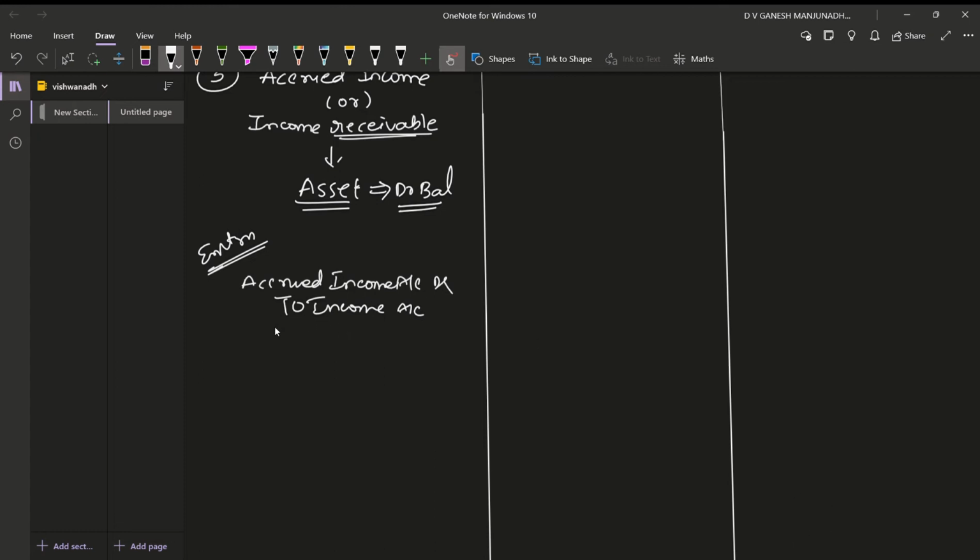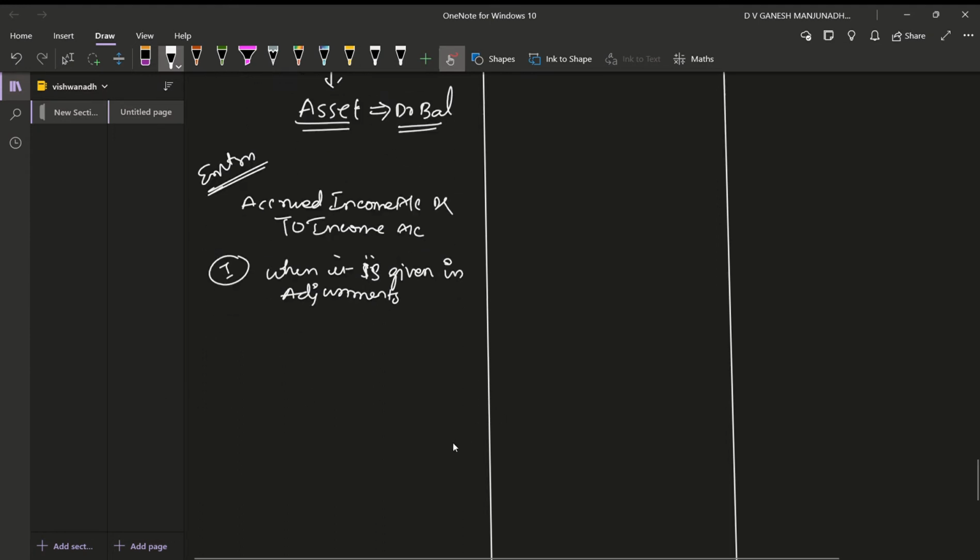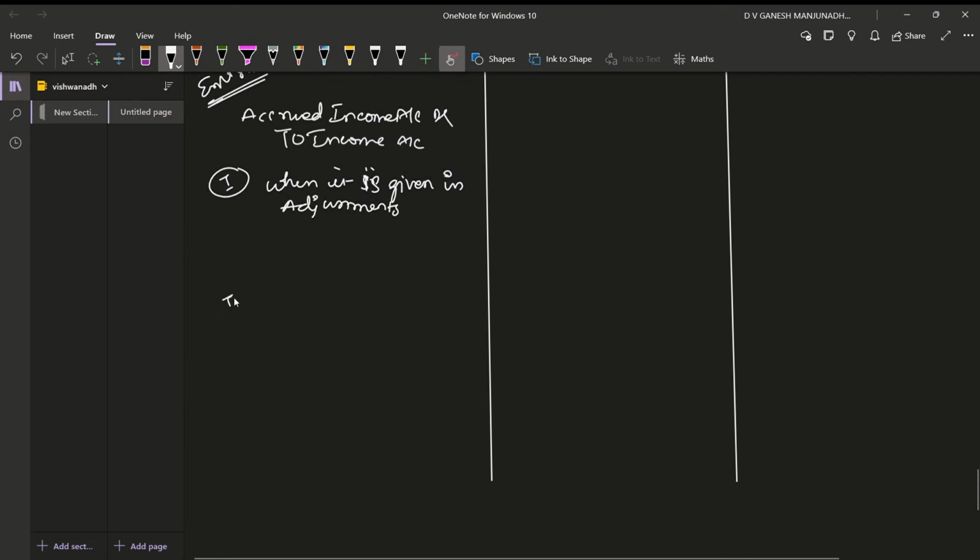So now we also have the same things when it is given in adjustments, and also the second impact, when it is given in trial balance.